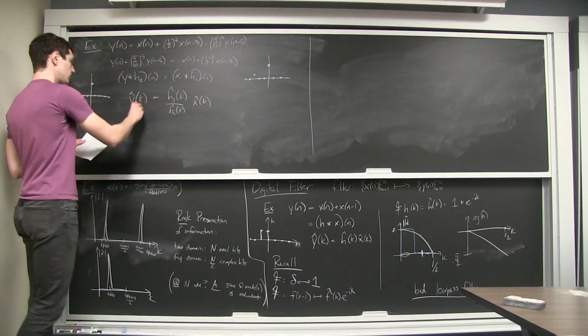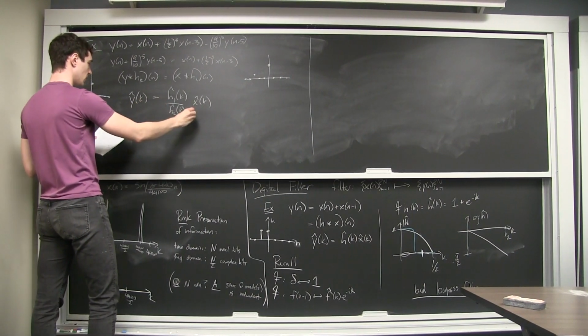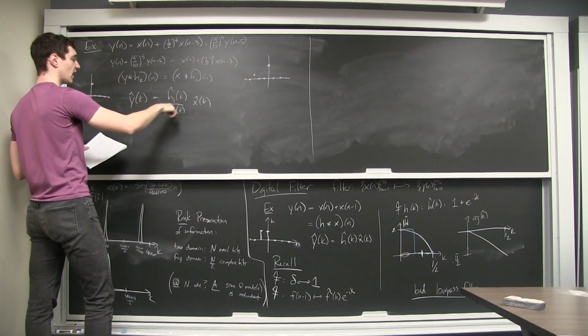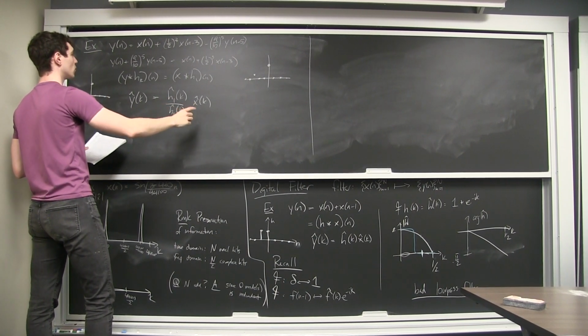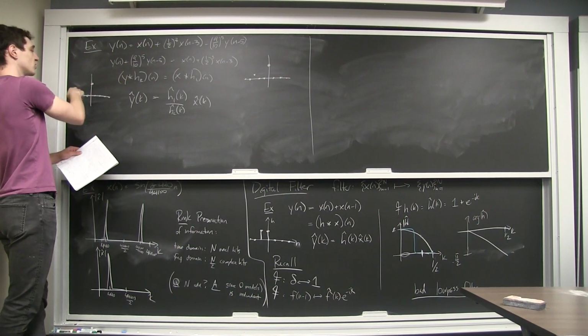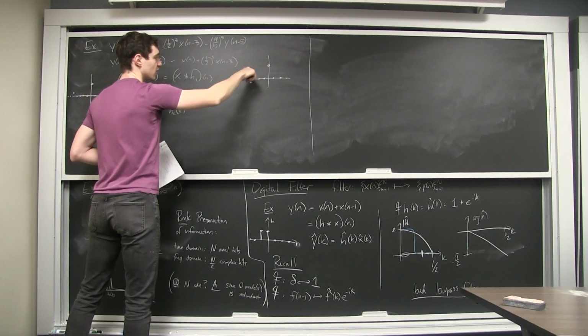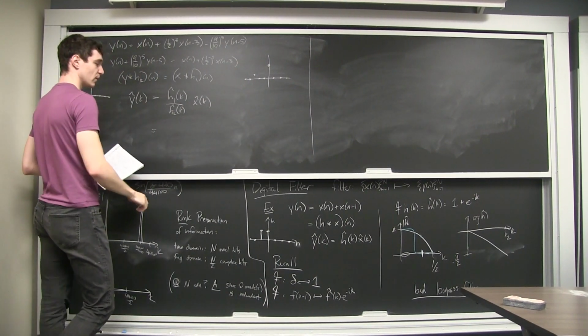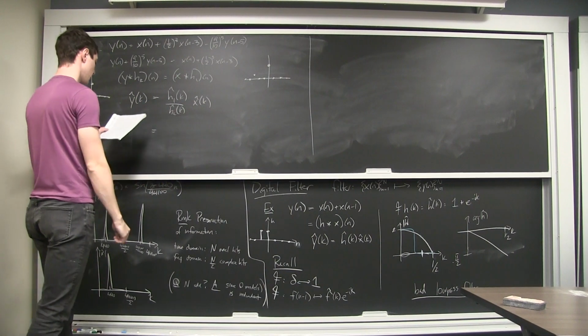Okay. So once again, each of these h1 hat and h2 hat are the Fourier transforms of very simple functions, like a delta function and a shifted delta function. We can easily calculate the Fourier transforms of those with the rules I wrote down.